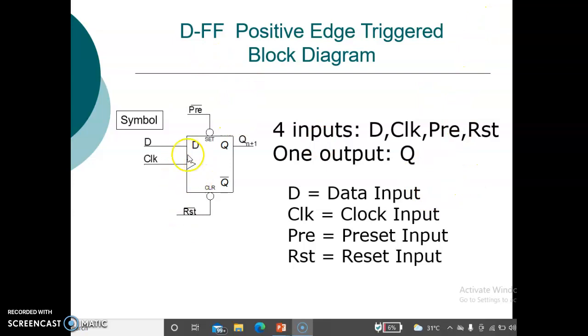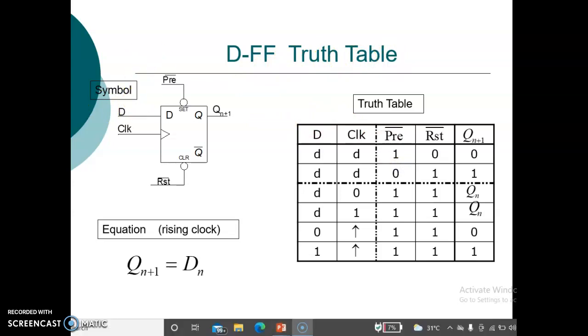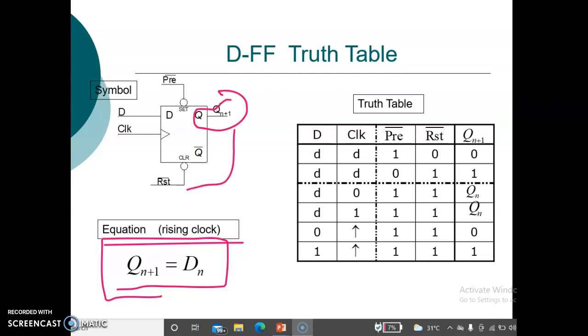It is a positive edge here, that's why positive edge triggered block diagram. D flip flop, direct flip flop, truth table. In this D flip flop truth table, equation at rising clock, when rising clock, at that time Qn plus 1 equals Dn.